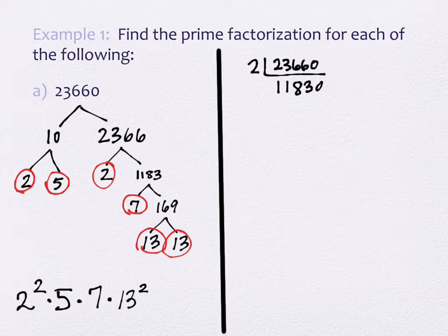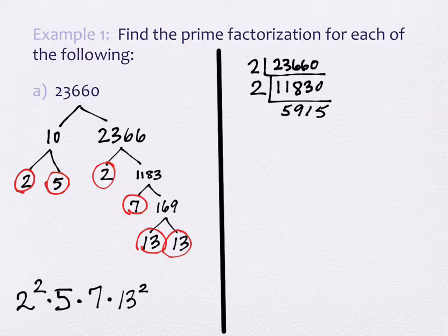Divided by 2 again. It's still even, so I would just divide it by 2 again. So if I divide 11,830 by 2 again, what do I get? 5,915 is it. Good job, Emily. Okay, does it divide by 2 again?